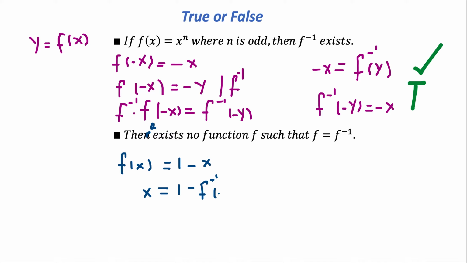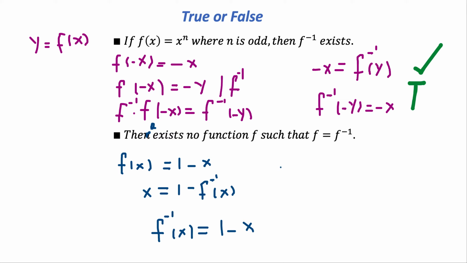I'm taking a little bit of a shortcut here just to prove it. If I solve this for the inverse function, then the inverse function of x is going to be equal to 1 minus x.